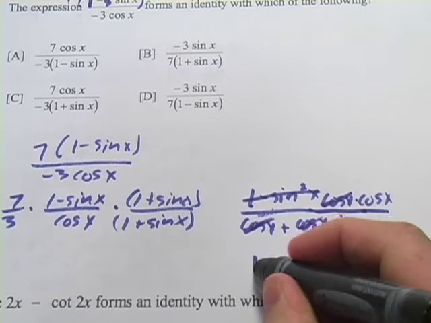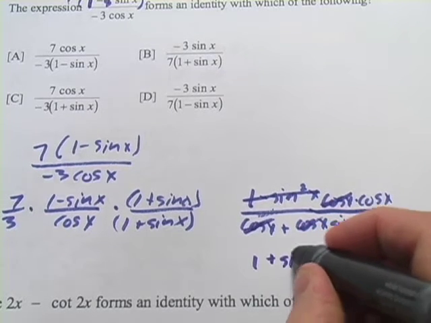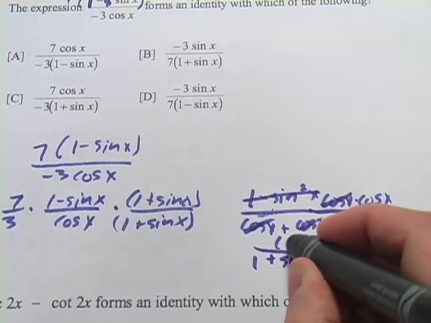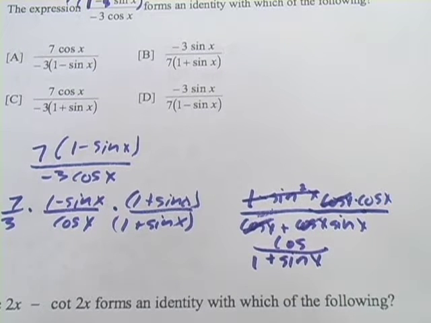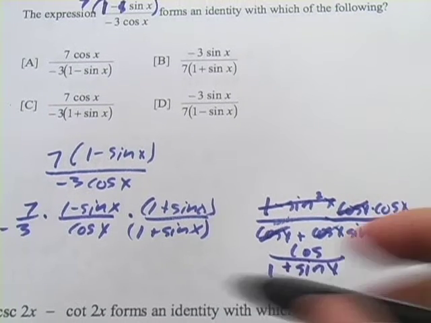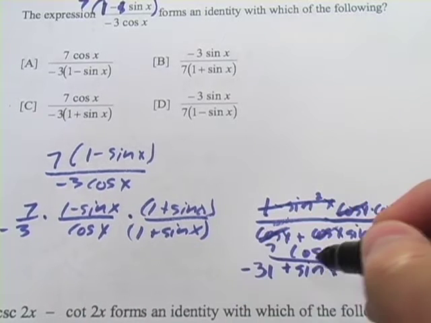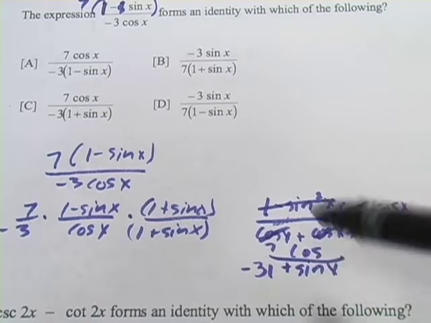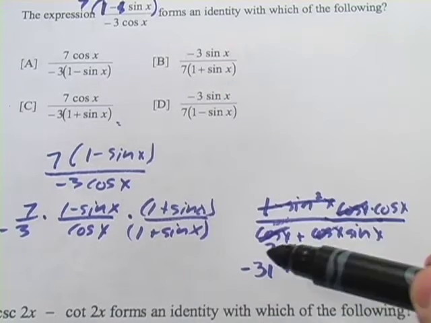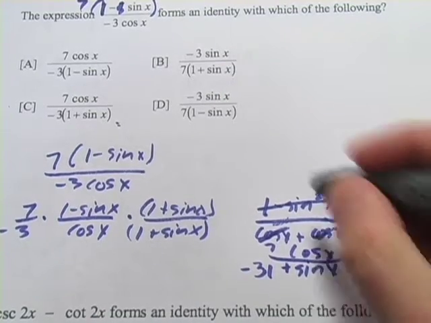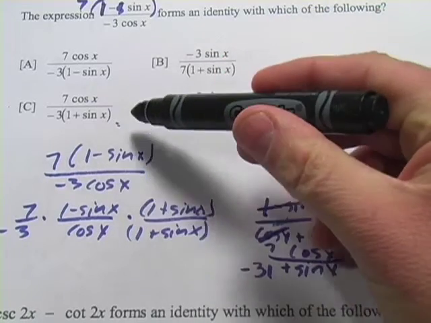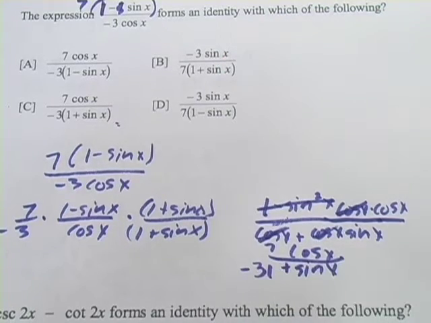That leaves on the bottom 1 plus sine x and a cosine x on the top. I think I'm pretty close to one of my answer choices. If I multiply this negative 7 thirds back in, I would get this one, 7 cosine x over negative 3 times 1 plus sine x. So C is my answer there.